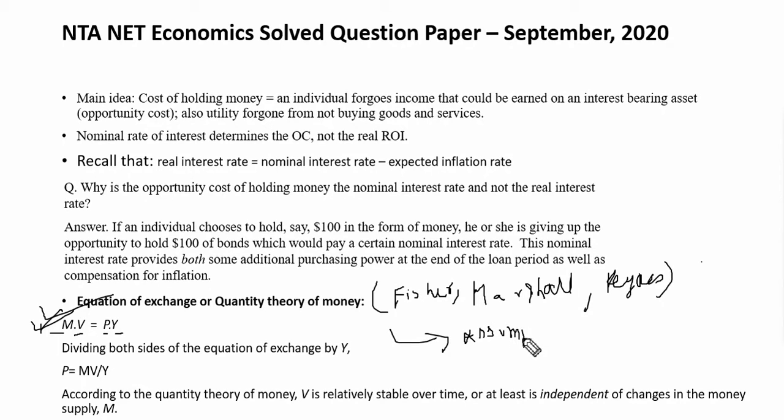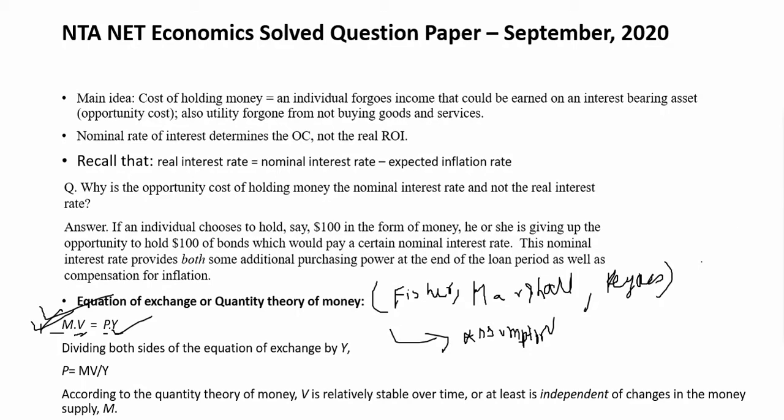The assumptions are that V, the velocity, is constant, that money has no effect on real variables like the real wage rate and others, and that Y is completely determined by the fixed stock of labor, capital, and technology.